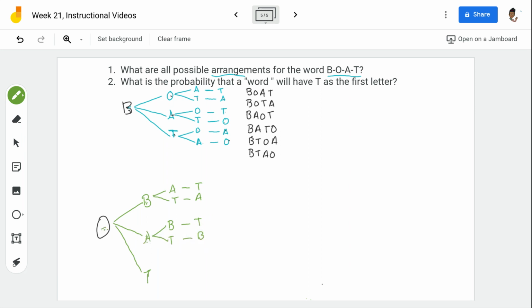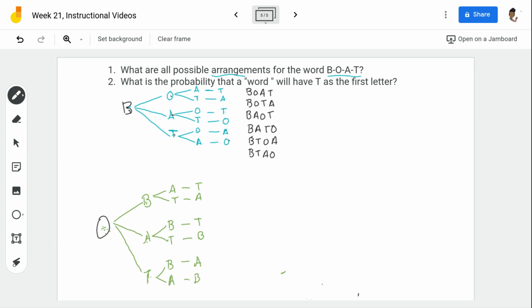A B. Well, what if I use O and T? What is left? B and A. Well, if I use OTB, what do I have remaining? An A. If I use OTA, what's remaining is a B.